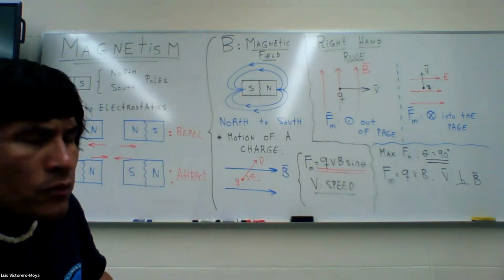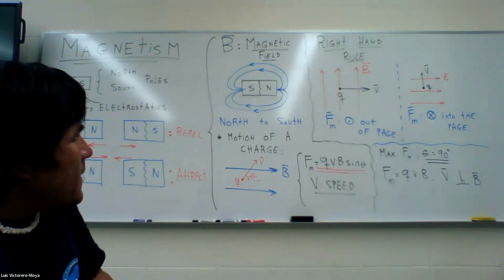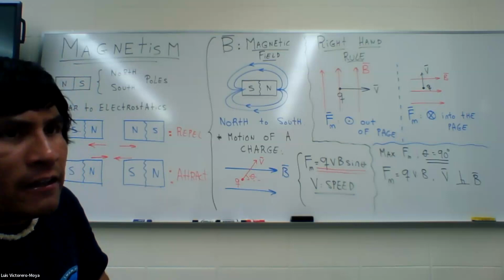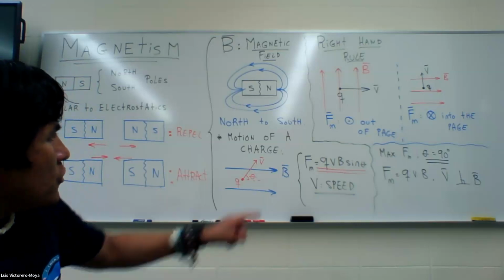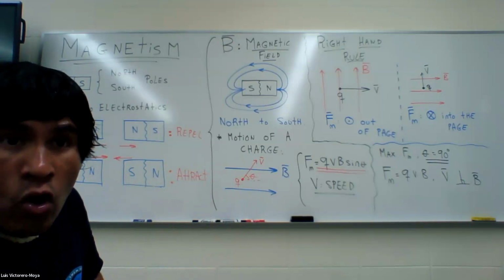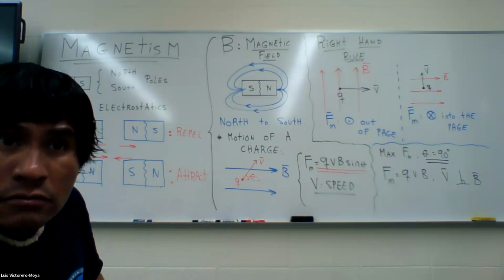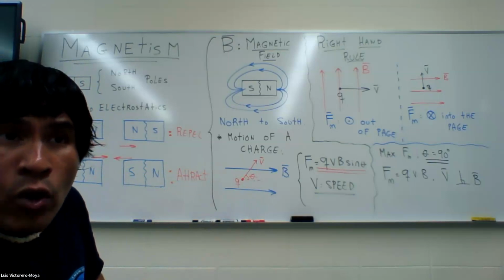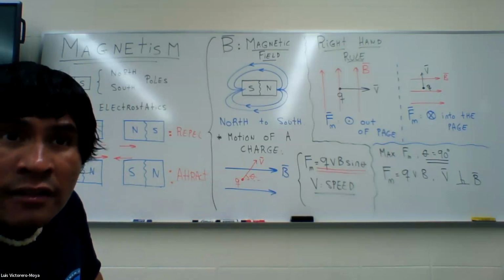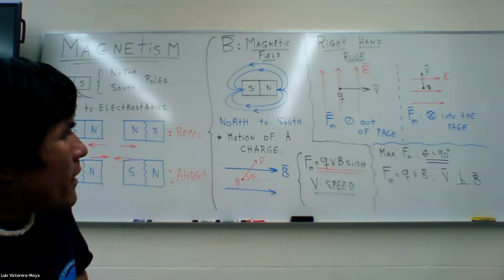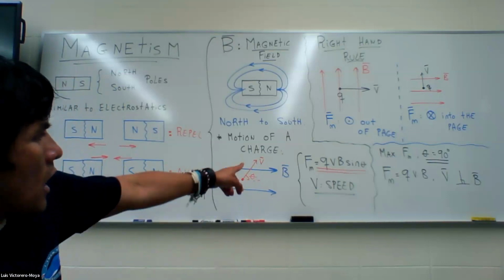There are similarities for sure, but the main difference is that we introduce magnetic forces by introducing the whole idea of magnetic field. Because as you see on the equation there, the motion of a charge and later on of a current in a wire, to understand and to calculate the amount of magnetic force exerted by an external constant magnetic field, is given by the equation in the case of a charge over there.